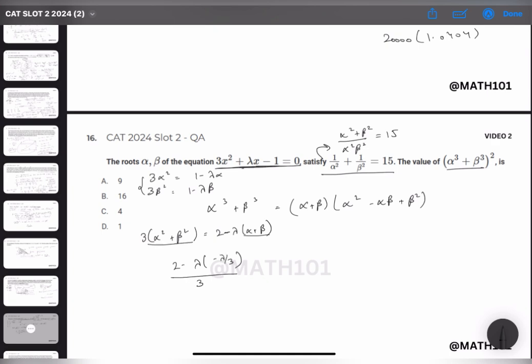This is alpha plus beta square, plus beta square upon alpha square beta square, where alpha beta is minus 1 by 3. So that squared is minus 1 by 3 squared. 15. This gives us 2 minus lambda square by 3 equals 15 into 3 by minus 3 squared is 9.